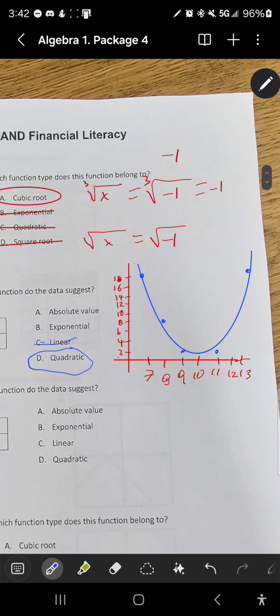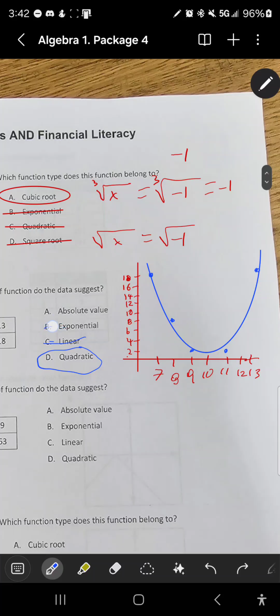If it was just this half, it could be, but since we have the other half, it is not exponential. It is not absolute value, because remember, absolute value is like a V, and it also has straight lines, and that's not the case here.